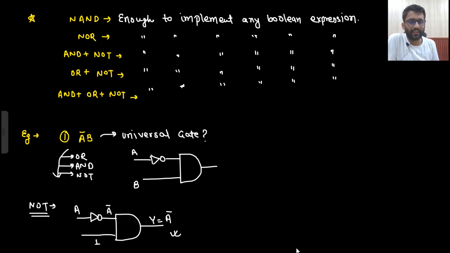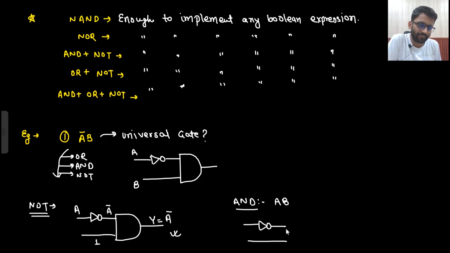Now let's try making AND gate. What will AND gate do? AND gate will do AB, right? So first I will use this inverter. I will put A here and get 1 here.